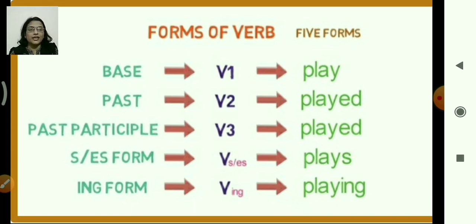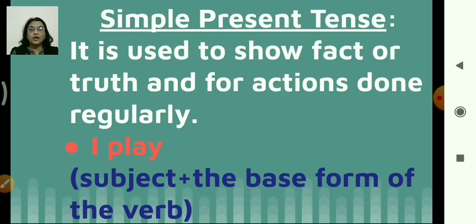Followed? Okay. Now let's move ahead. Now we're going to study each and every tense. Now, simple present tense. In present tense we have the first form, simple present tense. It is used to show fact or truth and also for actions done regularly, and that is happening just now.